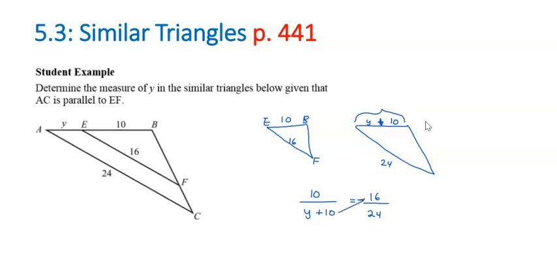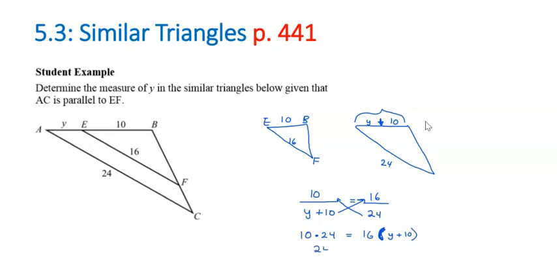We're going to simply cross multiply, and we're going to solve algebraically. On one side, we're going to have 10 times 24. On the other side, we're going to have 16 multiplied, and I'll use brackets, by y plus 10. So we will need to distribute on the right-hand side.